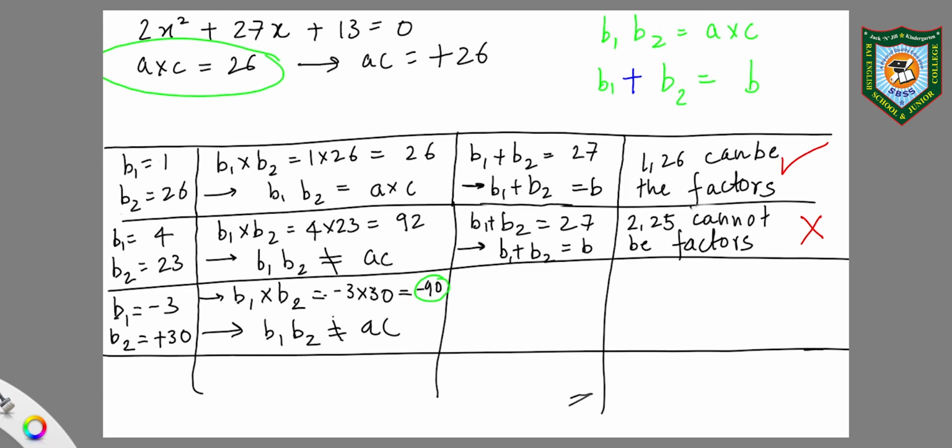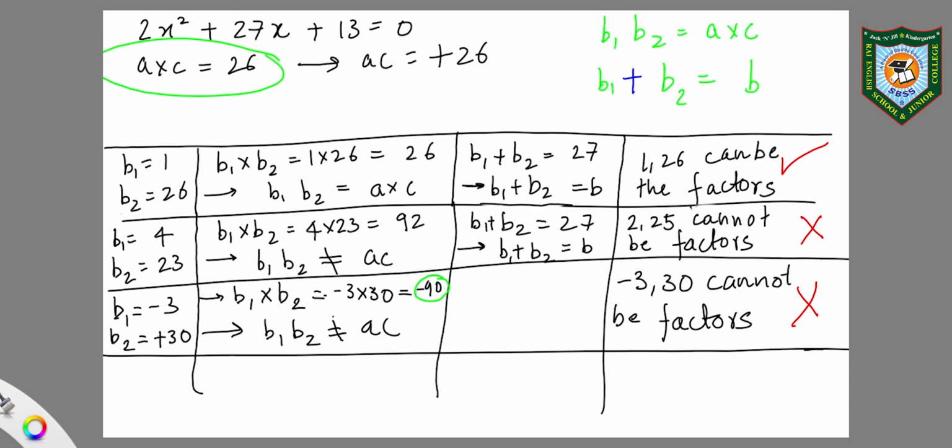So once this condition is not satisfied, that means one of the conditions is not satisfied. That means those two factors that we chose cannot be the factors for this particular quadratic equation. So again, we have a cross here. So now clearly we have only two factors, which is 1 and 26.